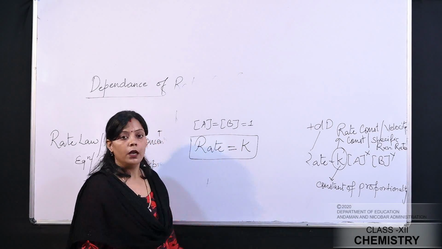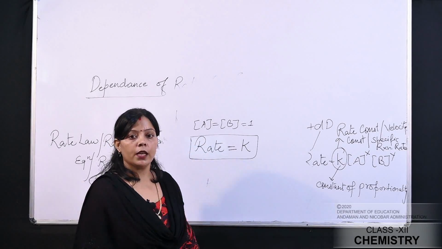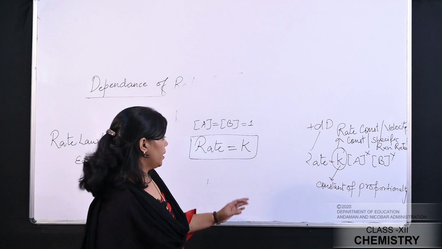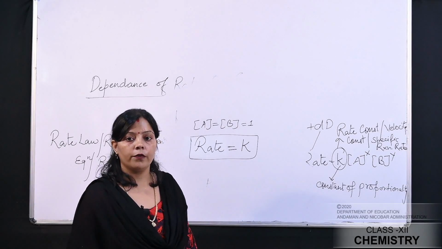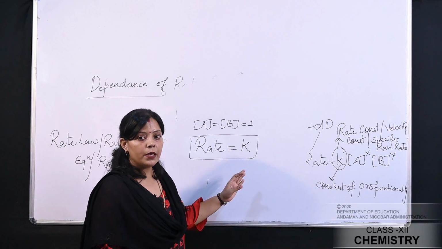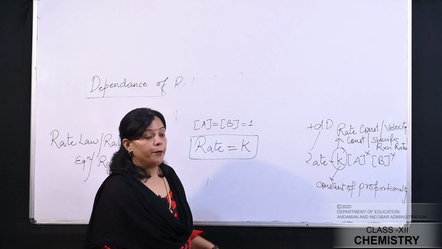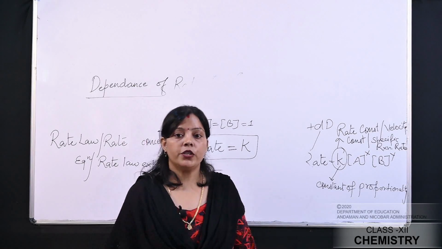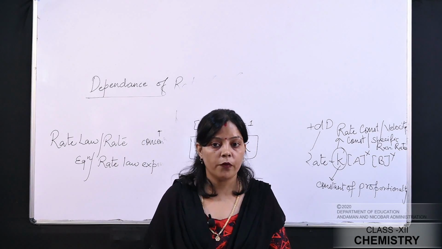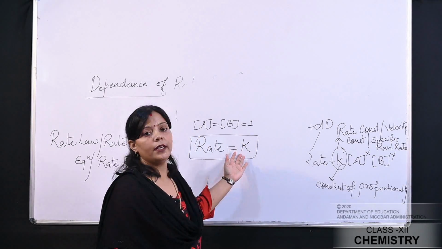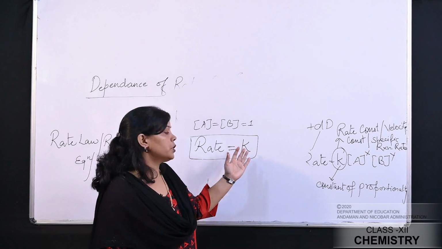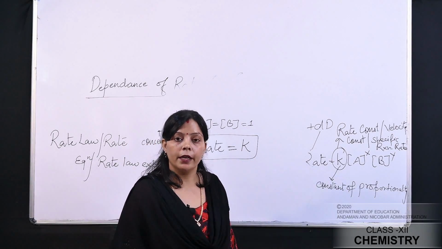The rate depends on the initial concentration of the reactant, whereas K is independent of the concentration and depends on the temperature. The third one is that the rate generally decreases with the progress of the reaction, whereas K is a constant term and does not depend on the progress of the reaction.